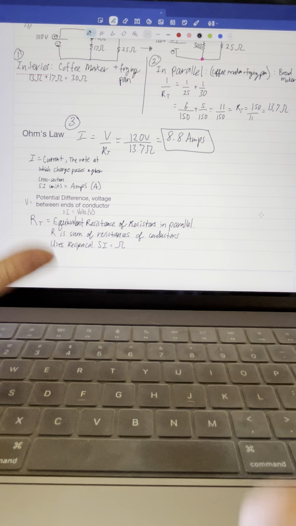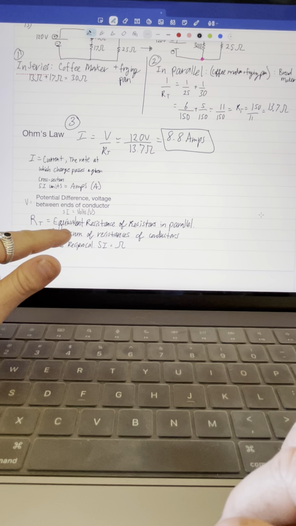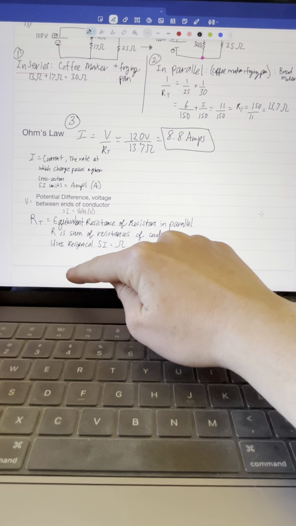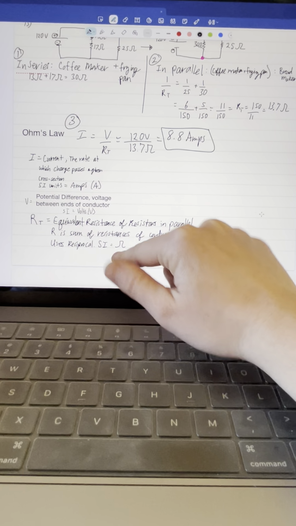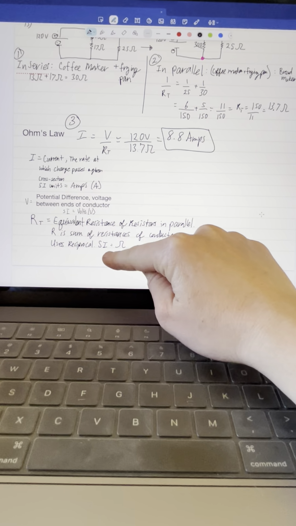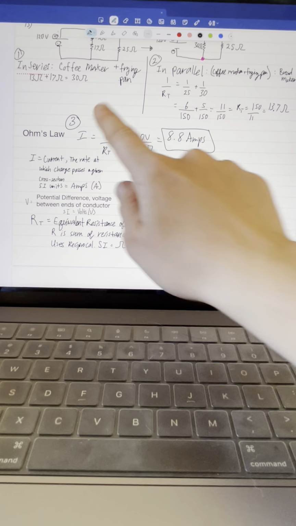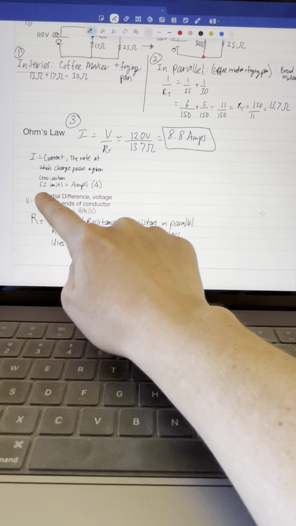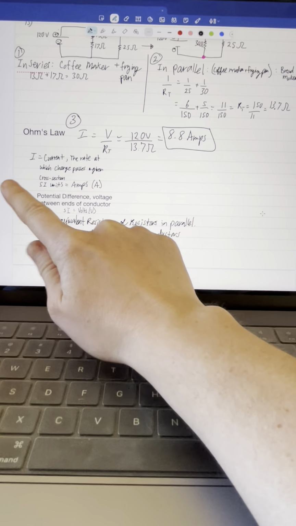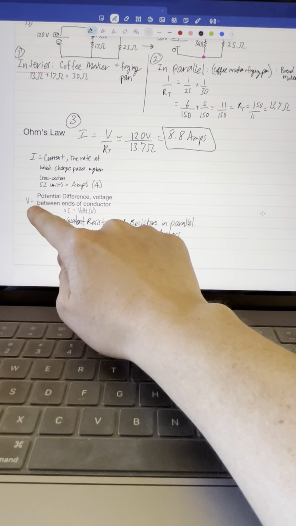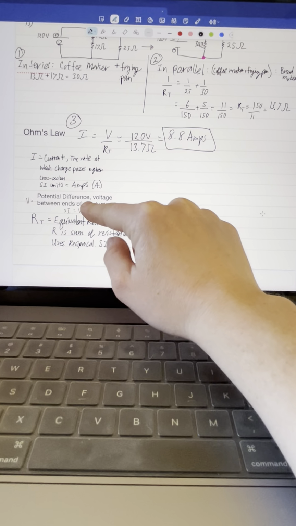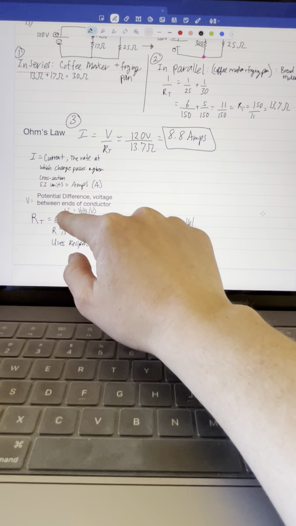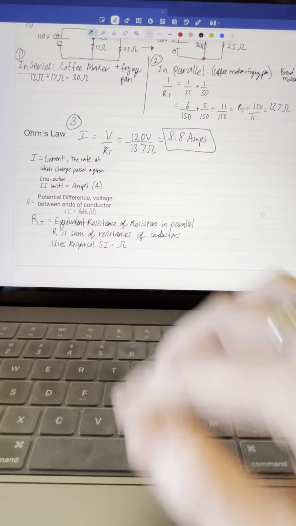R is the resistance of conductors, and finding RT uses the reciprocal, which I'll get into later. The SI units are ohms. I is our current, the rate at which charges pass a given cross section, and the SI unit is amps, A. V is our voltage, the potential difference between the ends of a conductor, and the SI unit is volts, V.